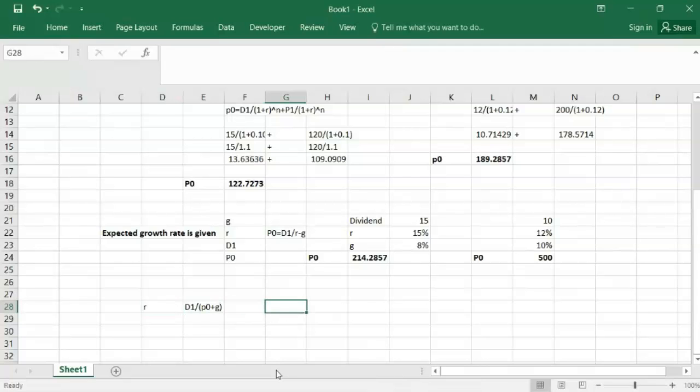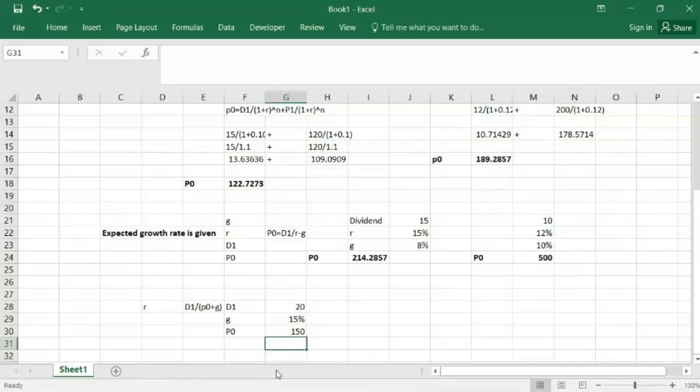The dividend is given, like 20 rupees, and the growth rate is given as 15%. P0 is given as 150 rupees.